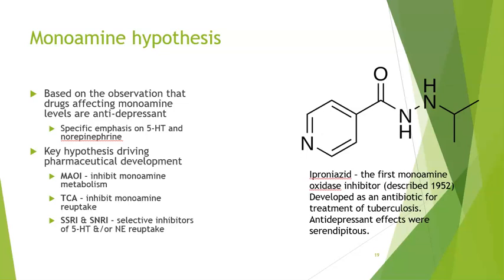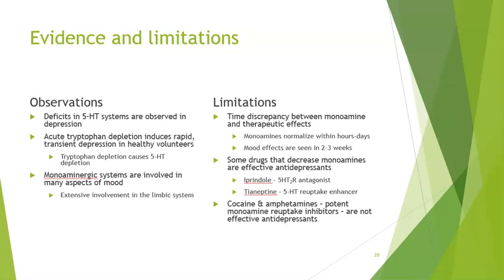So these are the ones that are most common today. One only targets serotonin, the other targets both serotonin and norepinephrine. And then over here is just an example of a monoamine oxidase inhibitor, one of the very first antidepressants ever used. So what are some observations and what are some limitations of this hypothesis?